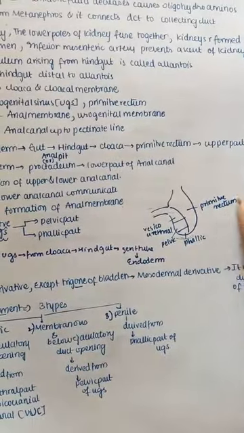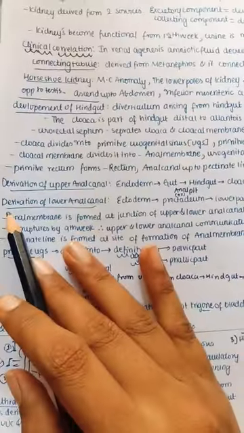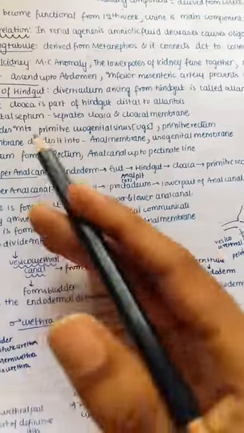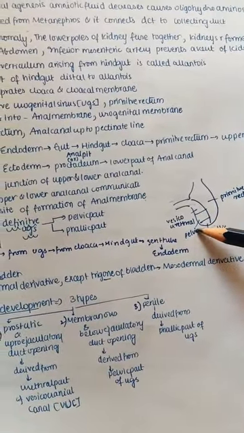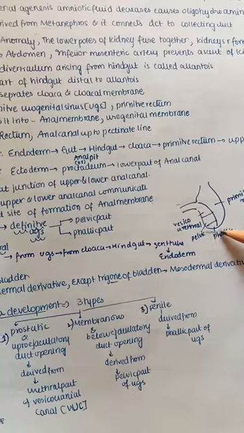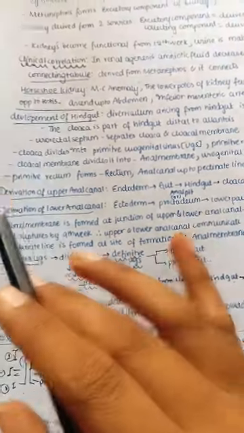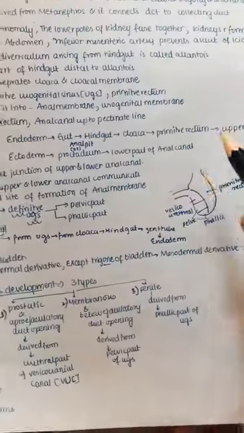You can see this is the primitive rectum, and here forms the primitive urogenital sinus. The cloacal membrane divides into the anal membrane on one side and the urogenital membrane on the other side. The primitive rectum mainly forms the rectum, and the anal canal is present up to the pectinate line.